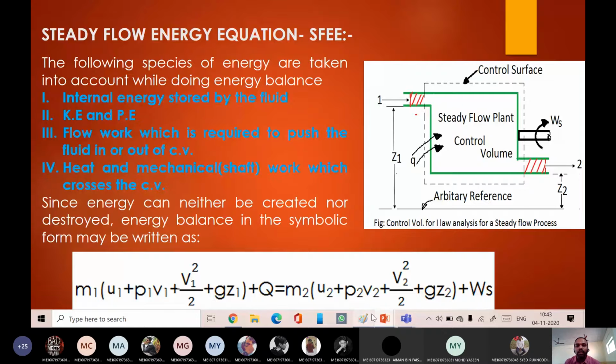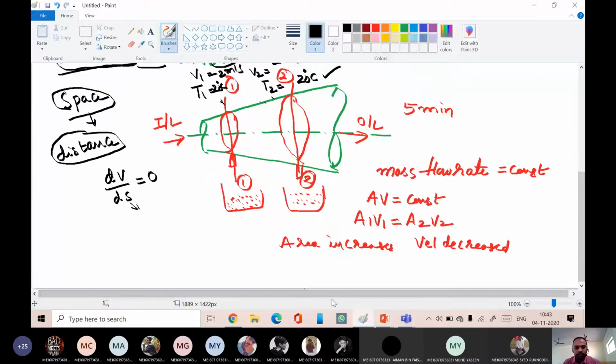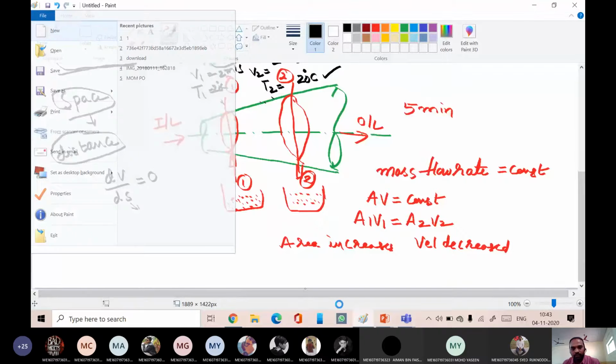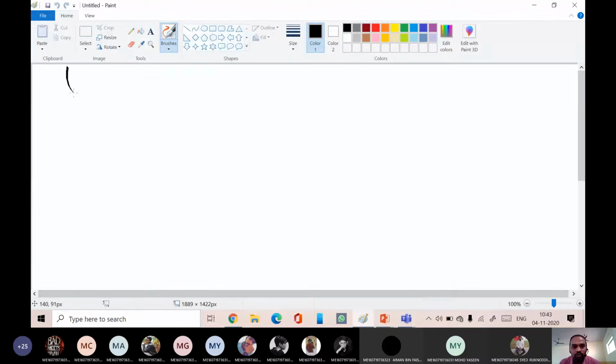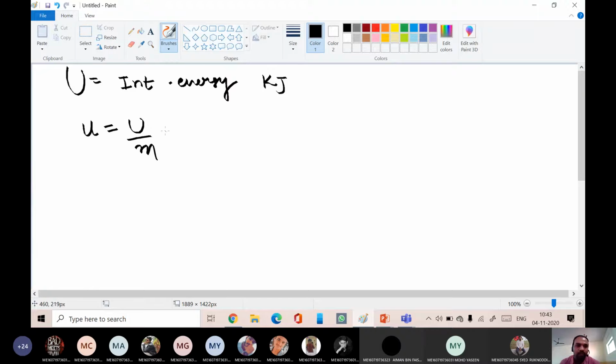Any capital letter here denotes the total quantity, for example internal energy, so the units are kilojoules. If I write small u equals capital U by m, this is called specific internal energy, and the units are kilojoules per kg.